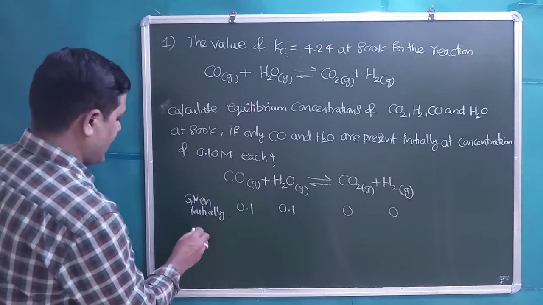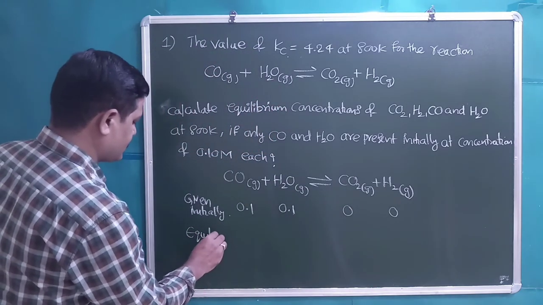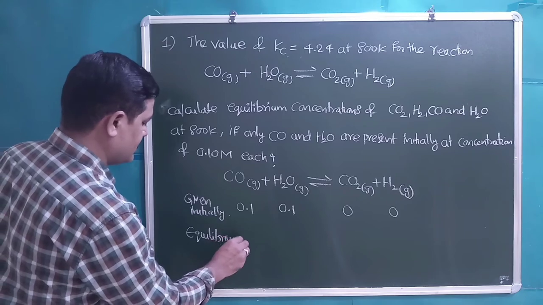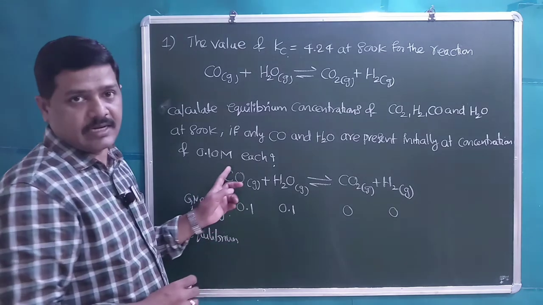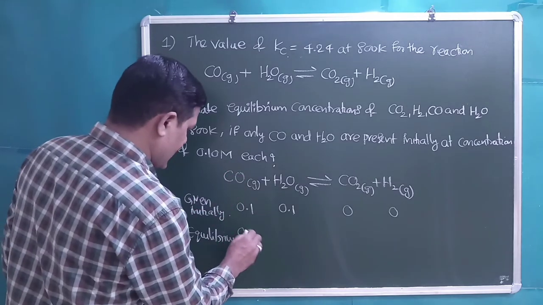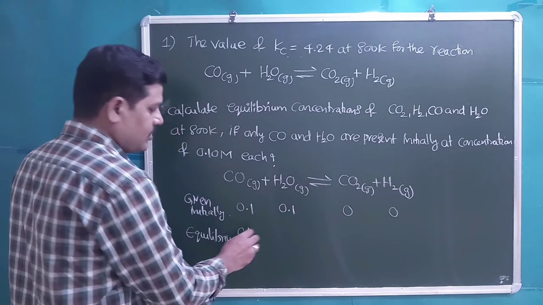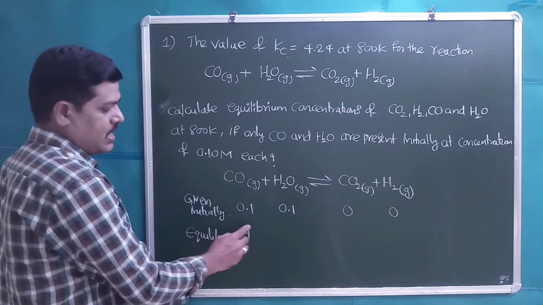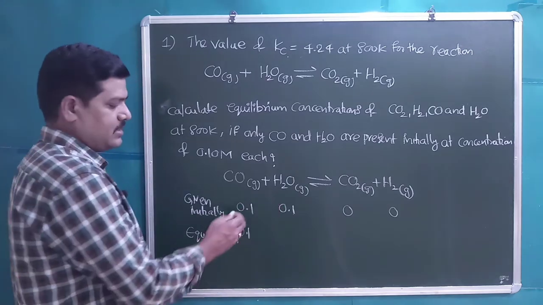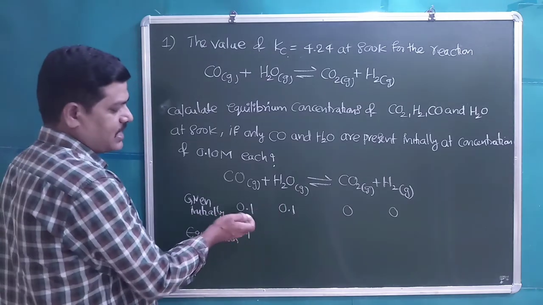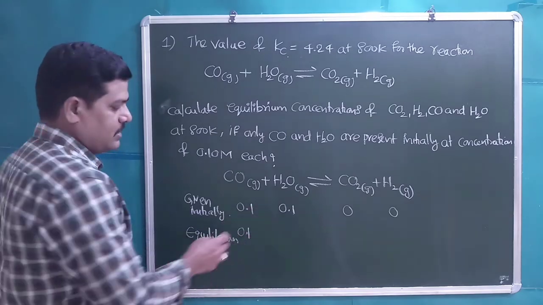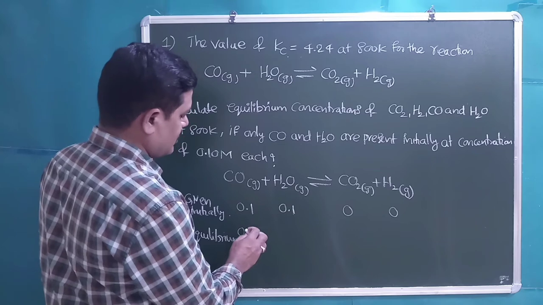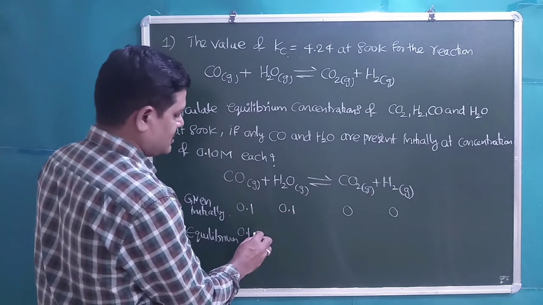Then at equilibrium conditions, students, we assume that the amount of reactant reacted is X. Out of the 0.1 molar, X moles is reacted. 0.1 molar we can take as 0.1 mole in a 1 liter vessel. Out of the 0.1 mole, X moles reacted.